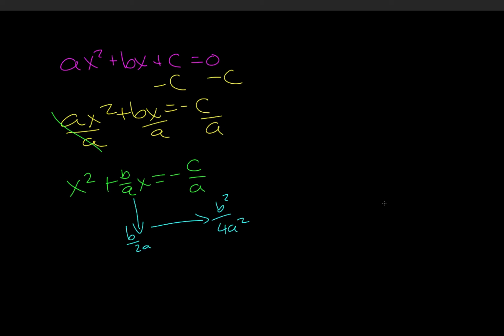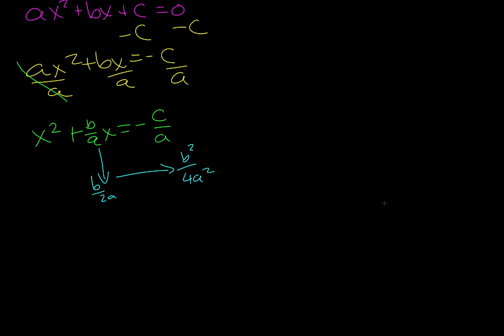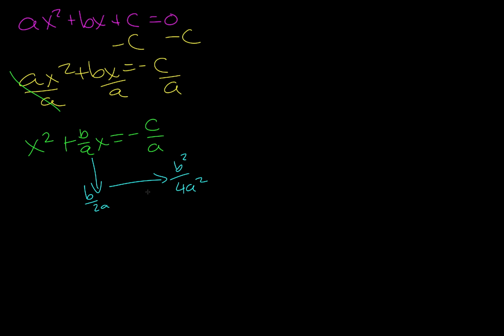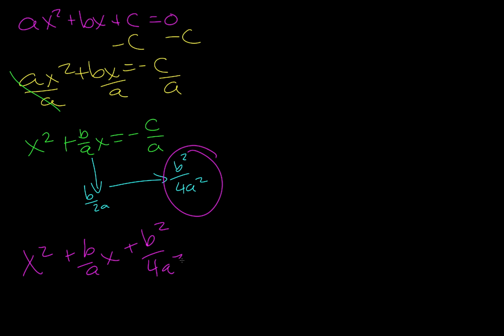Here, I can even zoom out a little bit. So we get x squared plus b over a x plus b squared over 4a squared equals negative c over a plus b squared over 4a squared.